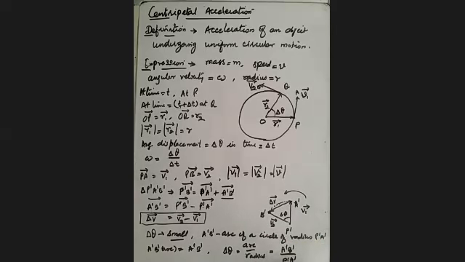So A'B' upon P'A' is equal to delta theta. So let us put these values from here.